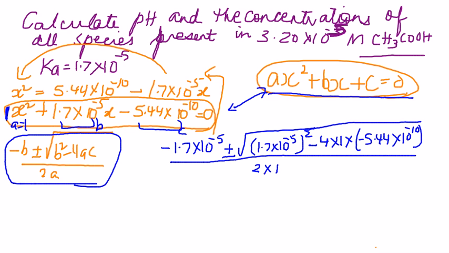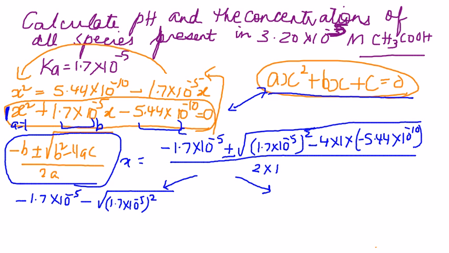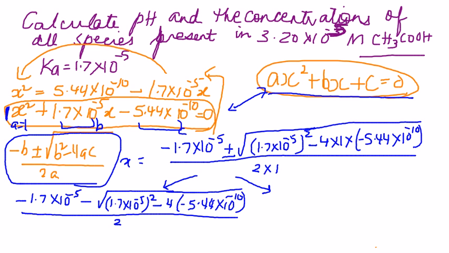Okay, now realize, like I said, since it's plus minus, you're carrying out two solutions. One of these is going to provide the value of x, which will come from the operator, and I'm going to put down the whole thing. 1.7 times 10 to the negative 5 squared, minus 4 times negative 5.44 times 10 to the negative 10, divided by 2.